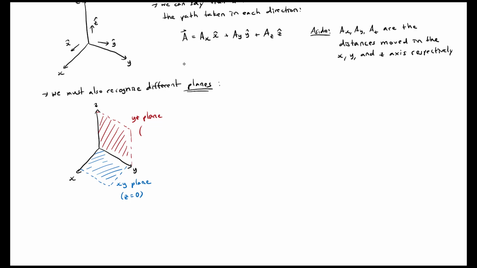In this case, all the values of x are 0. And finally, we have our xz plane. And just like you've guessed, the y value is going to be 0.